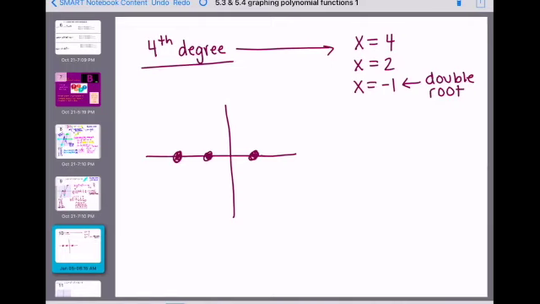So let's pretend that happened. So 1, 2, 3, 4, 2, and negative 1. Let's also say that your leading term was a 5x to the 4th. So you know the arrows are up, up.